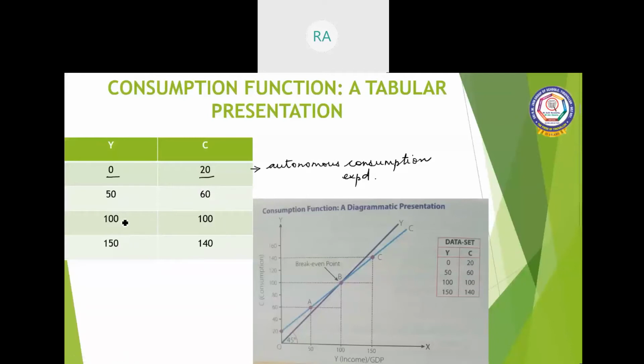Then again, when there's a difference of 50 in income, there is a difference of 40 in consumption expenditure. So C is positively related to Y. So there is a positive relationship.